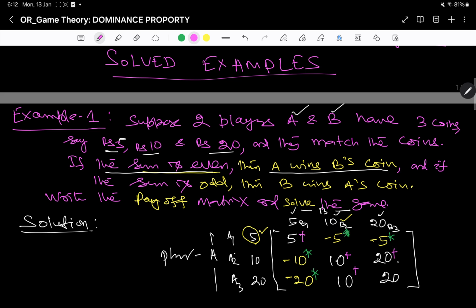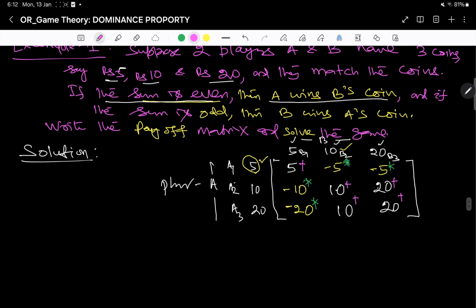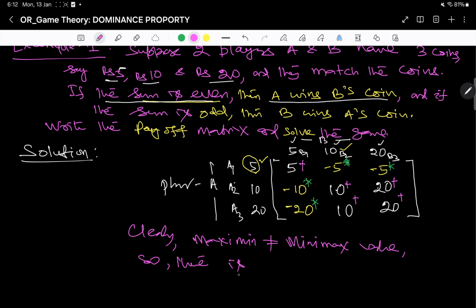In the third column, the column maximum is 20. So we don't find any element where the maximin value equals the minimax value. So here we see clearly that maximin is not equal to minimax value. So there is no saddle point.